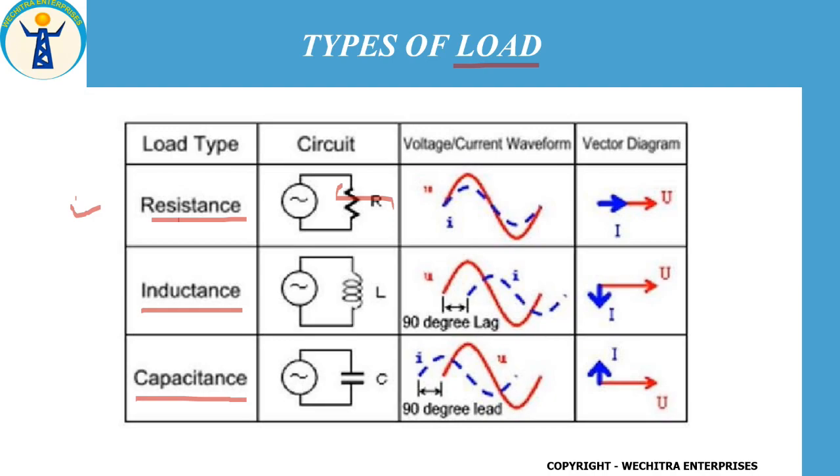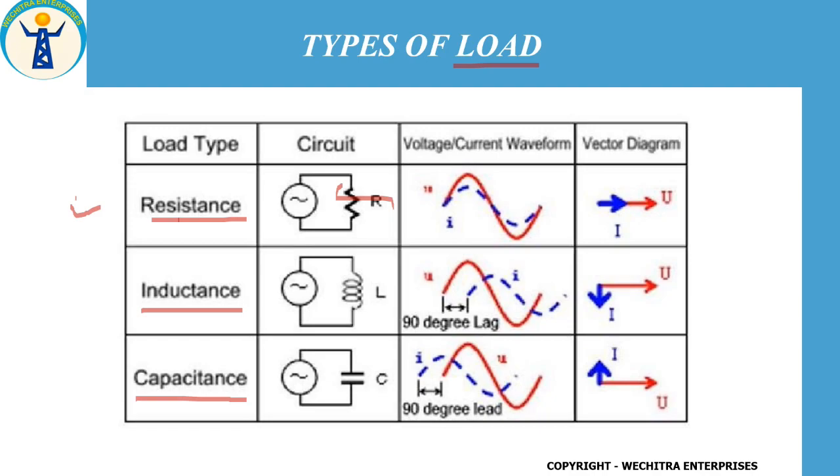Voltage and current will not have any phase difference. They start from the same point and end at the same point. You can check this vector diagram: voltage and current are in the same phase.